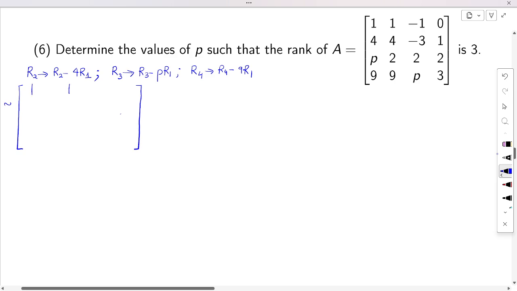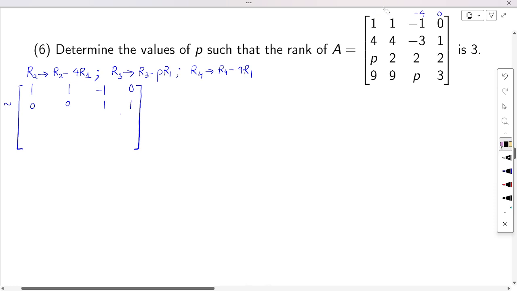1, 1, minus 1, 0. Now when we multiply the row 1 by 4, it becomes 4, 4, minus 4, 0, and subtract from row 2, it becomes 0, 0, minus 3 plus 4, 1 and 1.